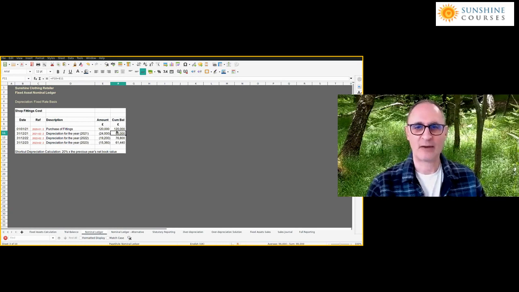That reduces the cumulative balance from £120,000 to £96,000. Depreciation for the second year is £19,200. For the third year, £15,360. And at the end of the third year, our nominal ledger, or general ledger, account for shop fitting costs shows a net cumulative balance of £61,440. That's what the computer would show.